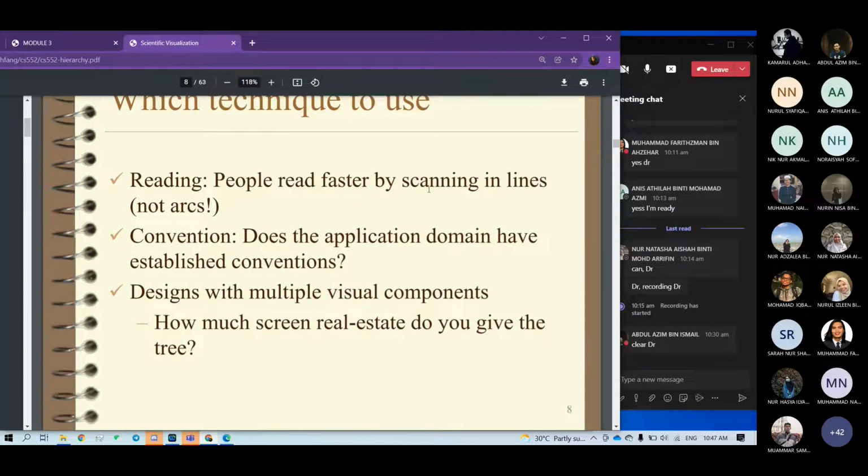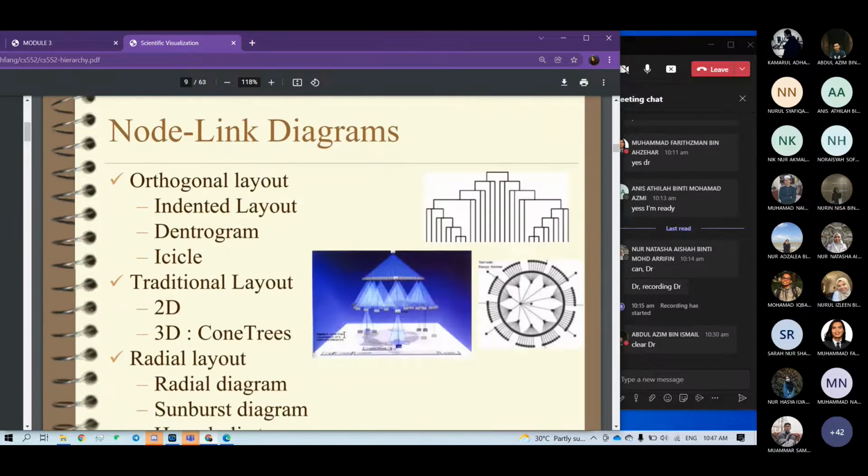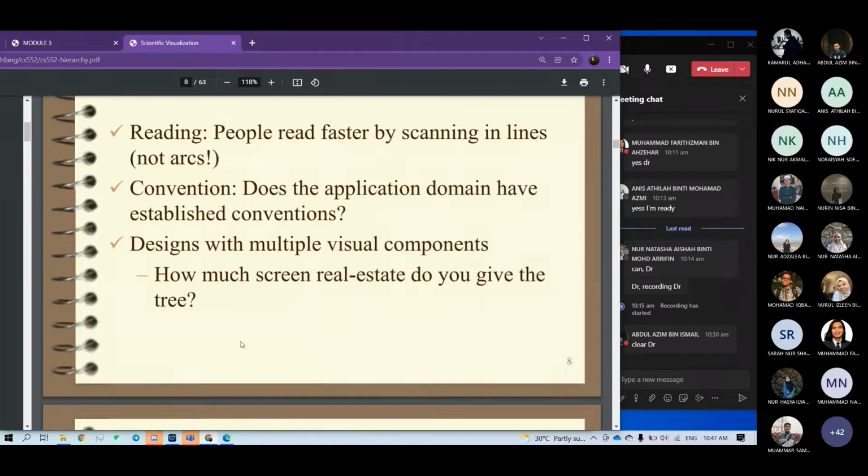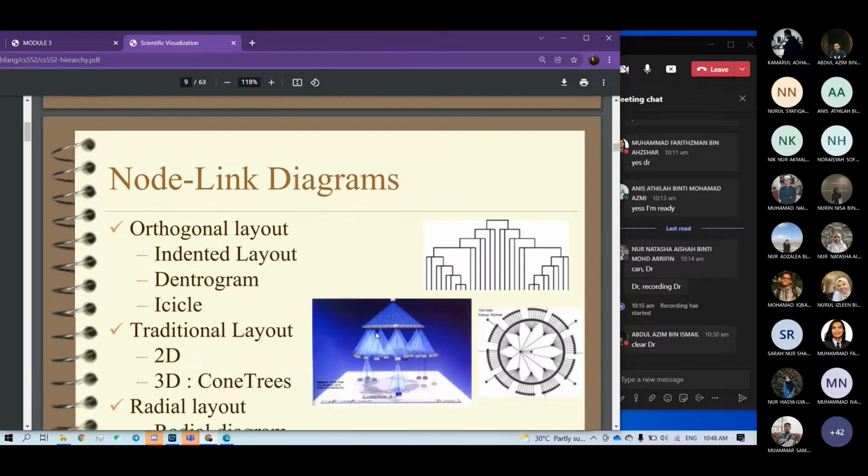People read faster by scanning in line, not arc. Does the application domain have established conventions? Design with multiple visual components. How much screen? These are the things that you need to ask before you design. But honestly if you want to know all these things, you take advanced.